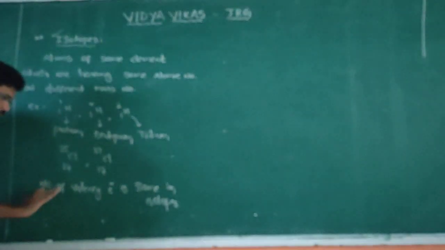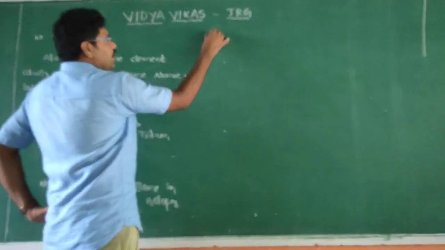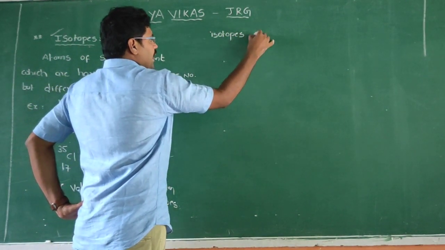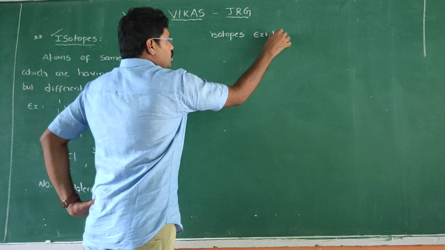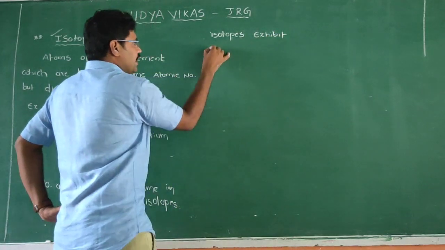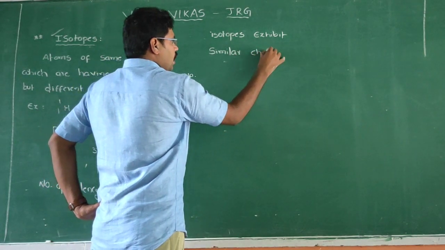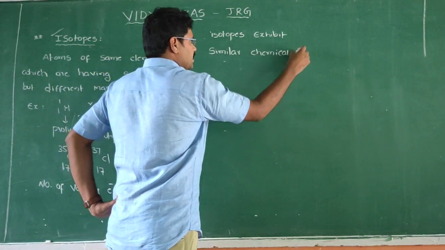Since the number of valency electrons in isotopes is the same, isotopes exhibit similar chemical properties.